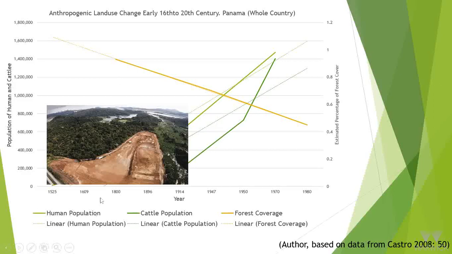We can see that way back, according to the data and according to these very rough and not particularly rigorous trend lines that I've put in here, while this relationship is not necessarily causal based on the statistics, there is definitely a relationship between increasing people, increasing capital, and decreasing forest cover. Although I would go as far as to say, based on the qualitative knowledge I have about this period, that there is very much a causal relationship between these different variables.